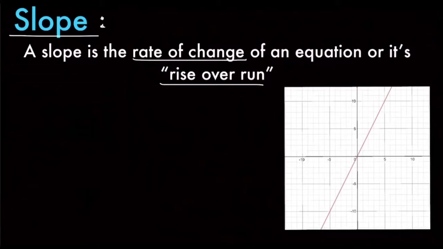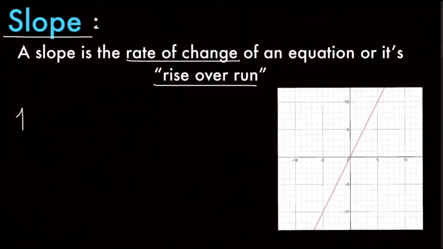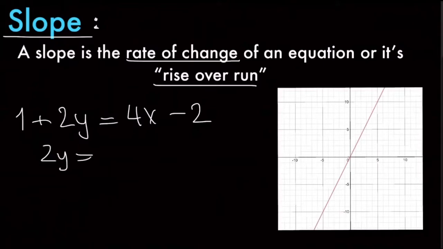I'll explain it now. Let's say we had 1 plus 2y equals 4x minus 2. Now we're going to have to manipulate the equation so we can have y alone. So we'll keep 2y and move 1 to the other side, making this 4x minus 2 minus 1.